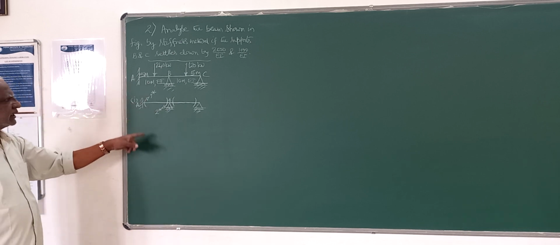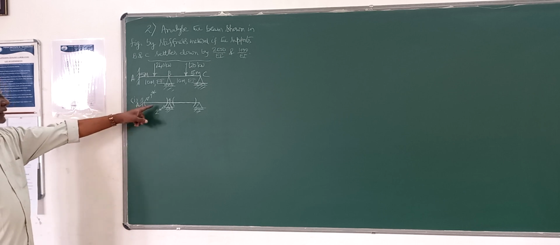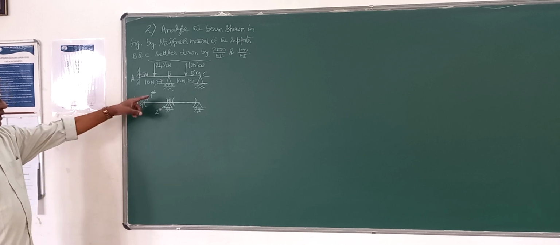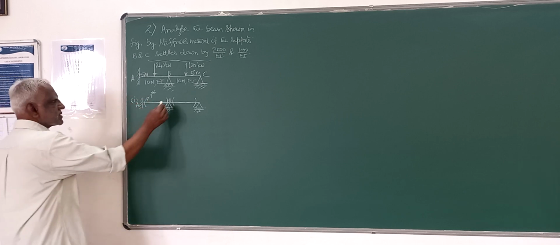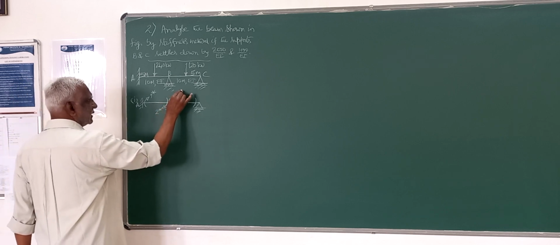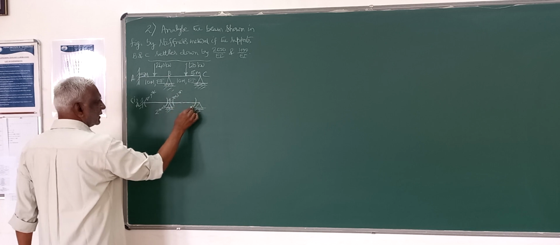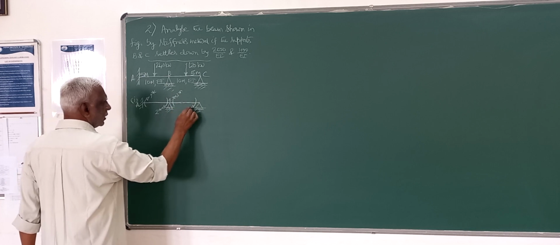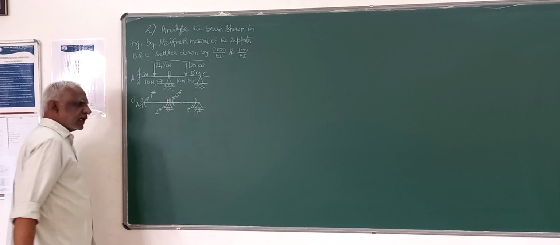So the positive direction is indicated by these coordinates. That is, clockwise moment is taken as positive. So the end moment is selected as the unknown to be determined.